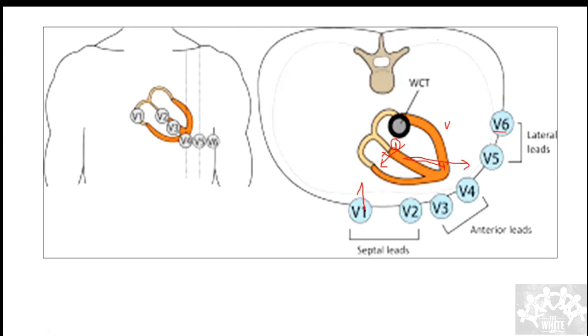That means I'm going to get a negative deflection and I'm going to get a positive deflection. So in V1 there will be R wave, S wave and R dash wave. R dash wave may be there, may not be there, because the left side activity is very strong, so it may not inscribe such a strong wave there.